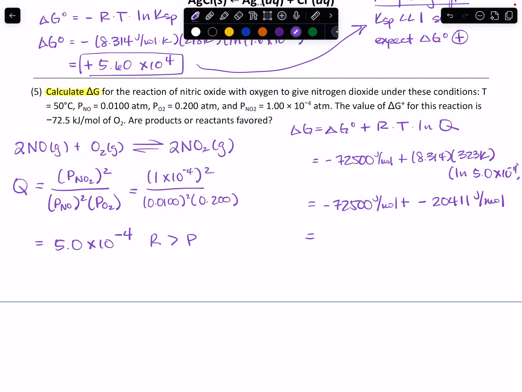We put those two together and we get negative 929.12 joules per mole, or negative 929.12 kilojoules per mole. As you can see, this value is greater than delta G under standard conditions, the delta G at equilibrium. So we are heading down the hill towards that equilibrium mixture.